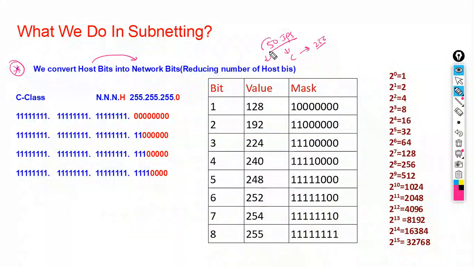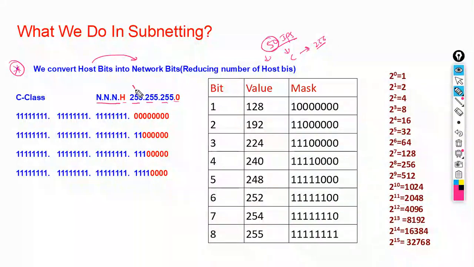So 50 IP addresses we can easily get with class C. What is the default subnet mask of class C? 255.255.255.0, which has three network portions and one host portion.